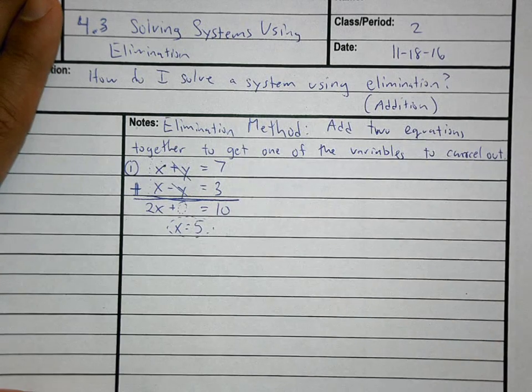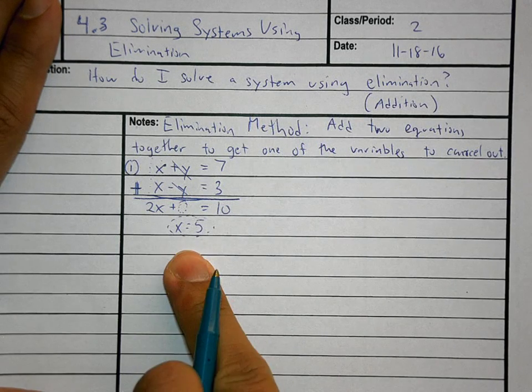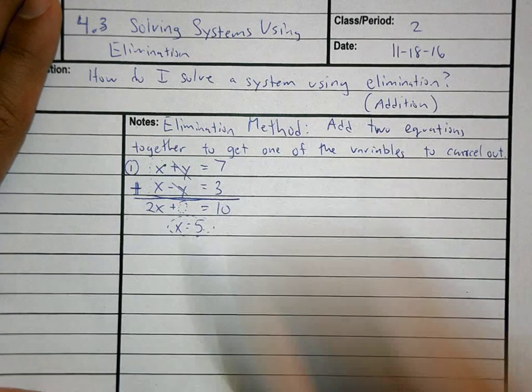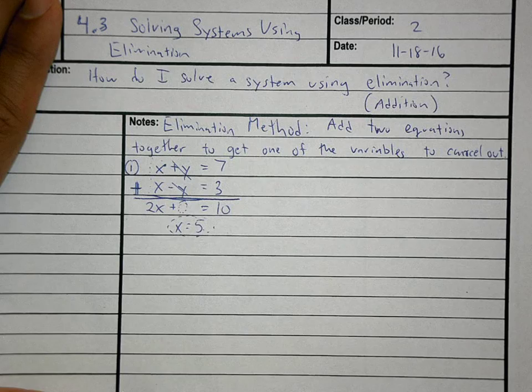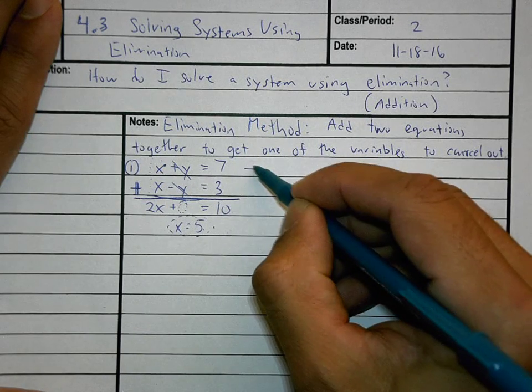But that is half of your answer. That is not your final answer. Just like before, we take this x and plug it into whichever equation you think is easiest. The one with the minus sign or the plus sign, I'd probably go with the plus sign.